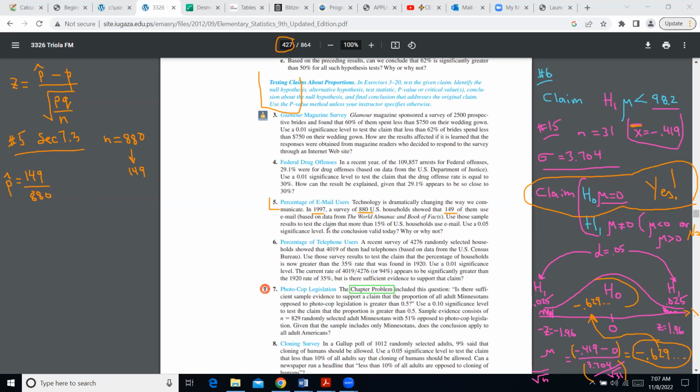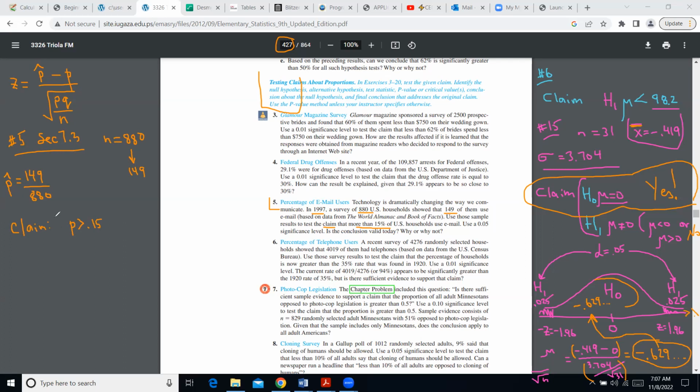So we need to use this sample to test the claim. That's our new favorite word, right? So what do they claim? They say that more than 50%. So the proportion of people that use email is more than 0.15. We always write percent with the letter P. And that's our start.